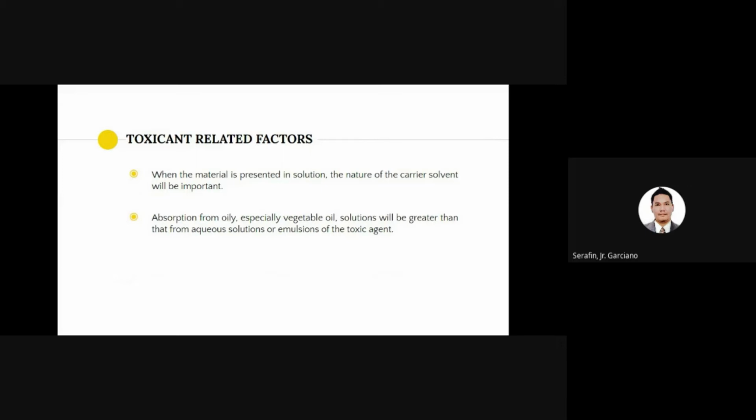This may be explained since, in our body, hydrophobic substances have greater absorption compared to aqueous solutions. So oily is greater than aqueous solution, most especially.